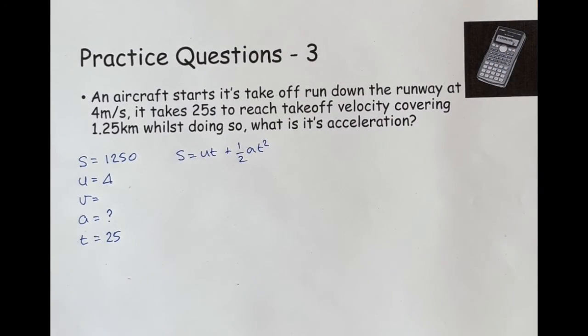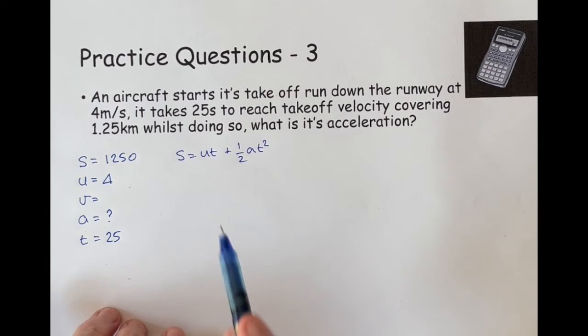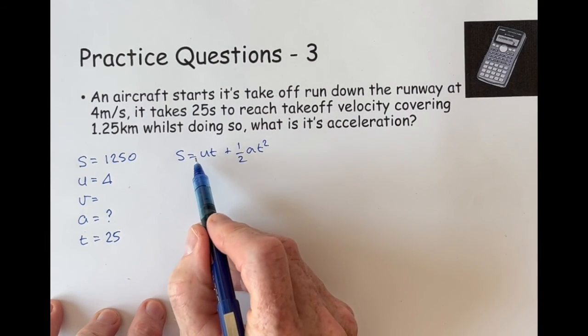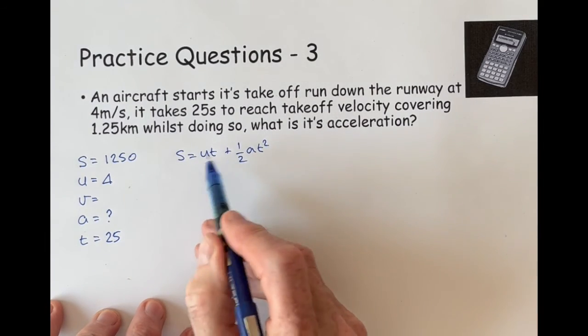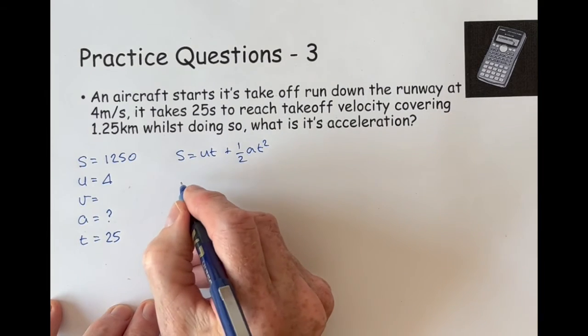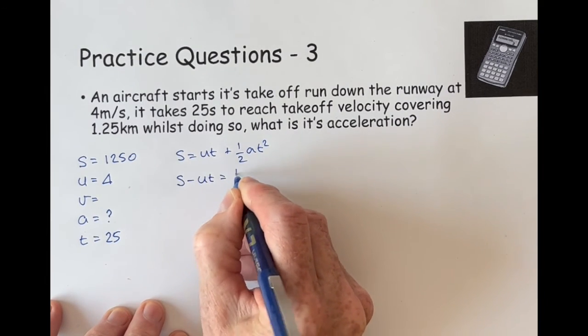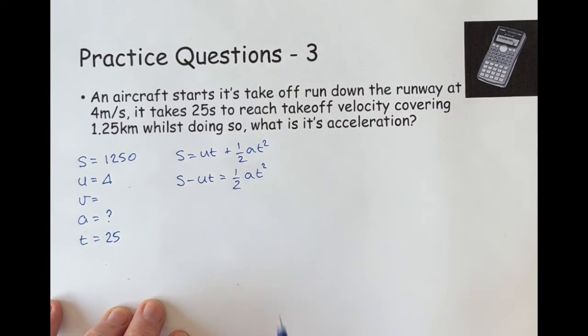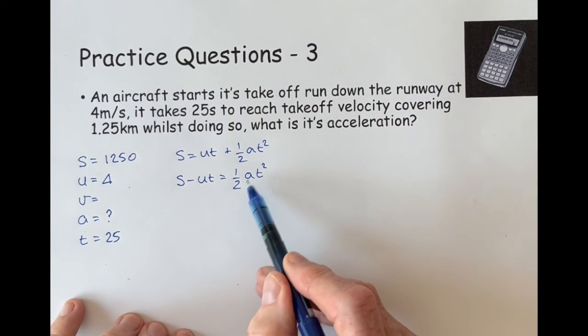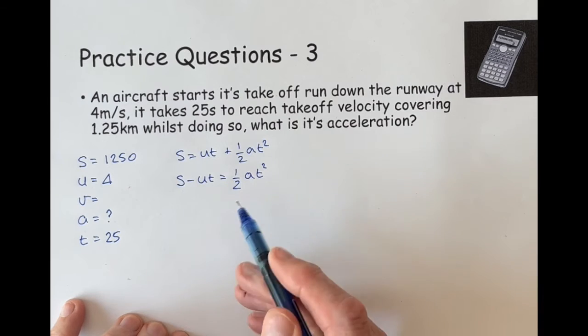So write the equation out there, s equals ut plus half at squared, and we need to arrange it to get the acceleration on its own. Now the first thing you need to do, you've got a lump here, which is added to the equation. You can subtract that from both sides. Okay, that looks a bit better. Then we want to get rid of these things here, so we can multiply both sides by 2.